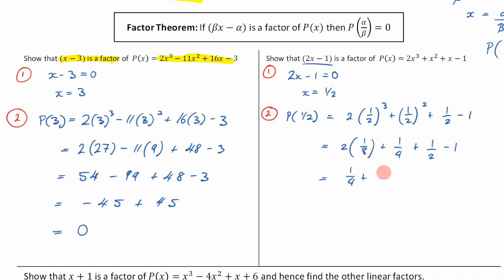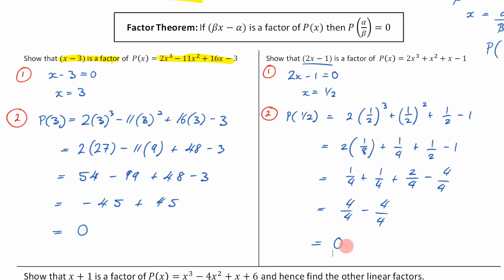Just simplify it straight away, which is going to be 1 on 4. And then 1/2 is the same thing as 2 on 4. And then 1 is the same thing as 4 on 4. So as you can see, I'm just getting all my denominators the same. All of these have the same denominator. So 1 plus 1 is 2 plus 2 is 4. So it's going to be 4 on 4 minus 4 on 4, which is equal to 0.